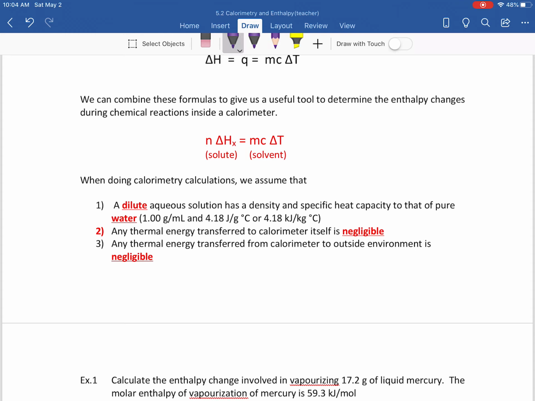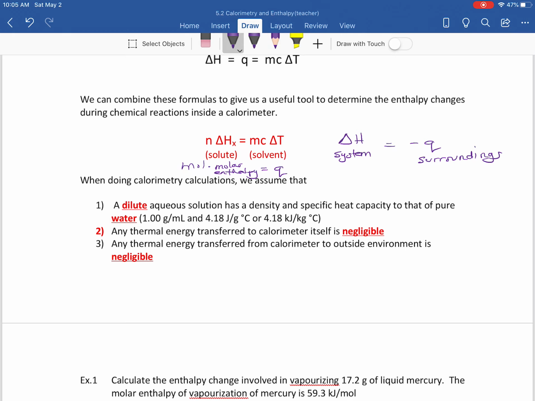Sorry about that. This is the moles times the molar enthalpy. So you'll end up with delta H. And this is Q. So this is just us saying the delta H of the system equals negative Q of the surroundings.